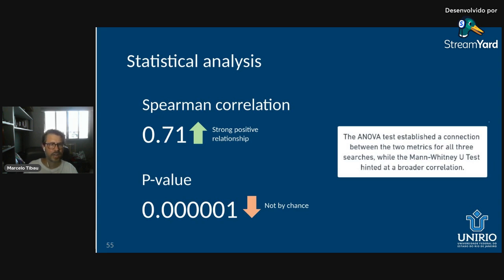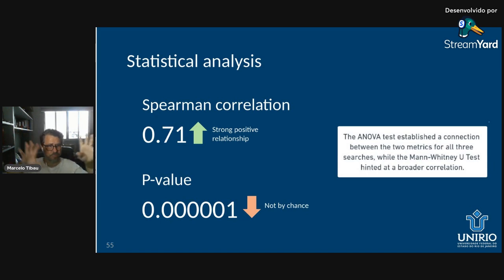The correlation between the two metrics shows a strong positive relationship and a very low p-value, meaning that these do not occur by chance. I also applied a test of variance.